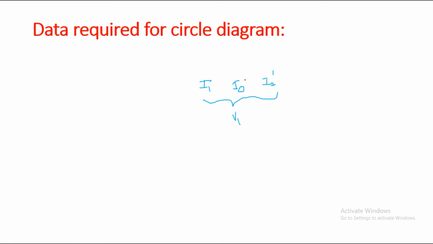We know this I0 is going to be a constant value. Even though we are having any changes on the load connected on rotor, it is not going to affect this I0. It is fixed for each and every variable load condition. So what about I2 dash and I1?